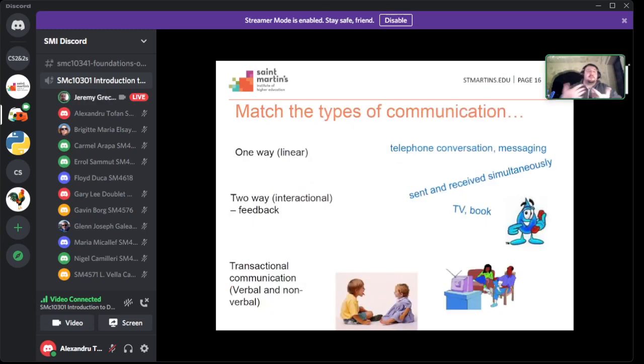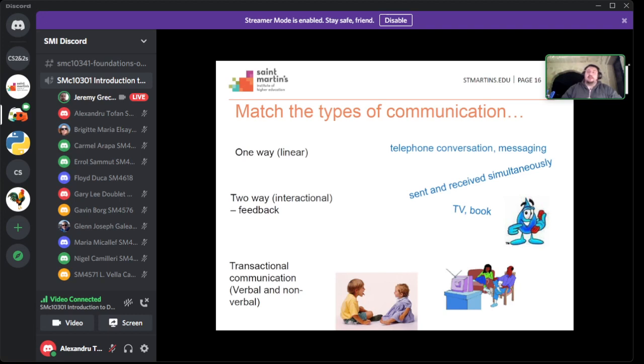Now, obviously, there are different types of communication. We have what is known as one-way communication or linear communication. We also have what is known as two-way communication, which is more interactional, something which requires an element of feedback.